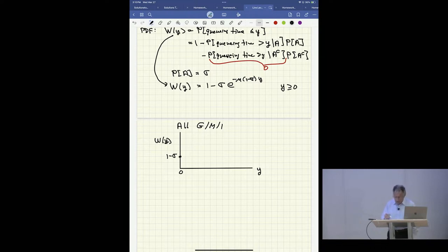And then it grows up and limits to the value 1 up here. And the expression is what we had there. It's 1 minus sigma e to the minus mu, 1 minus sigma, y. All GM1 has that distribution for waiting time.